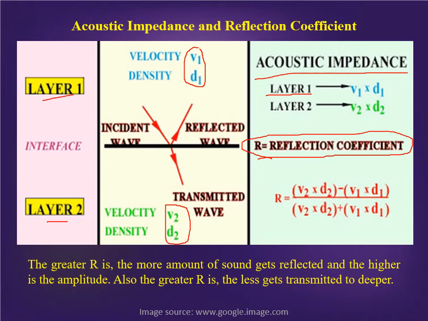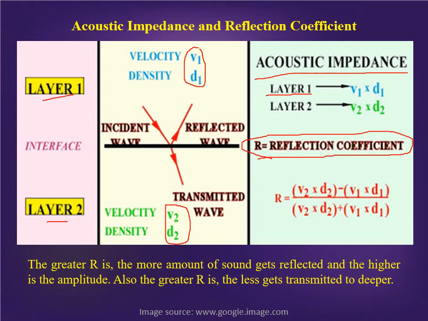And when the reflection coefficient is high, then we get more reflection, so more reflection is captured within the surface geophones and we get a good picture or better resolution on the deeper part of the earth.